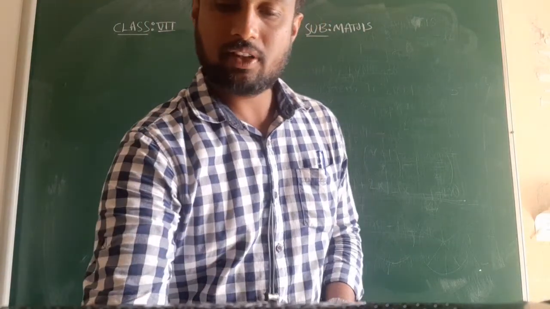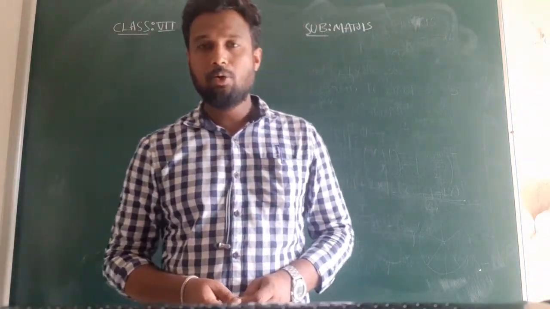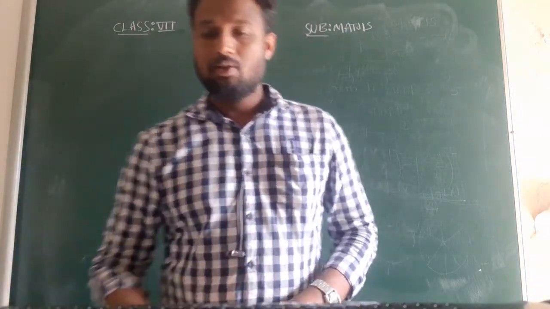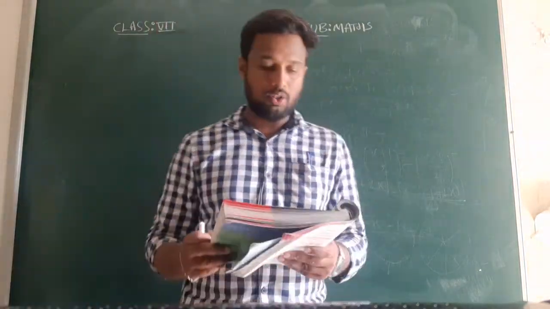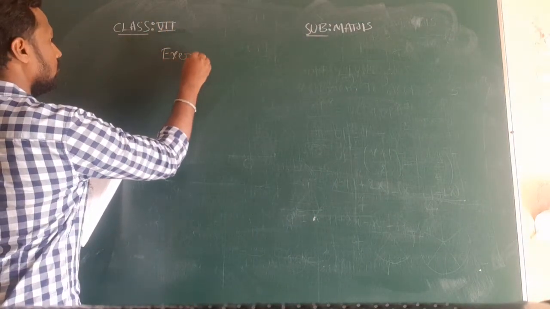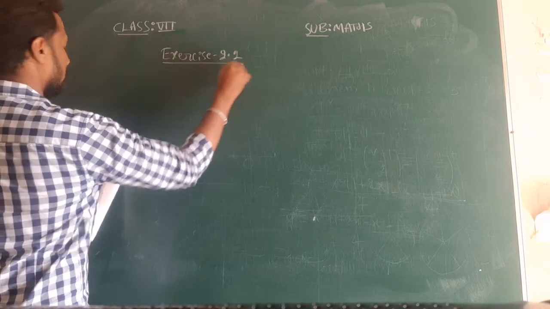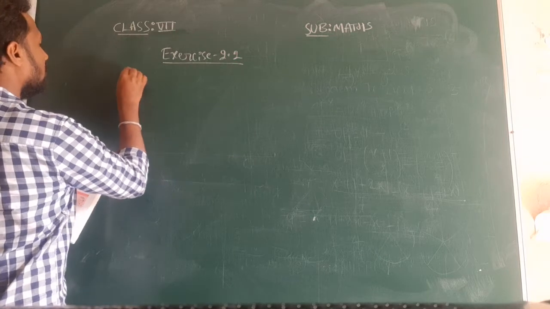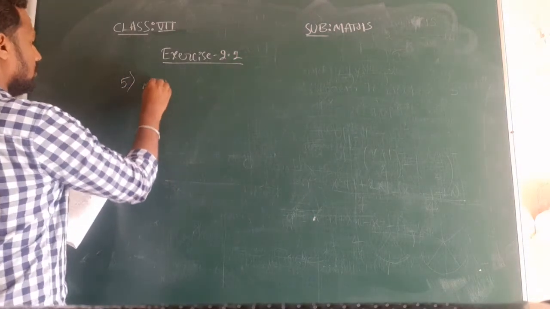In last classes we discussed the first four problems of exercise 2.2. So now I will continue with the fifth problem of this exercise 2.2. In the fifth problem, they have given two questions.